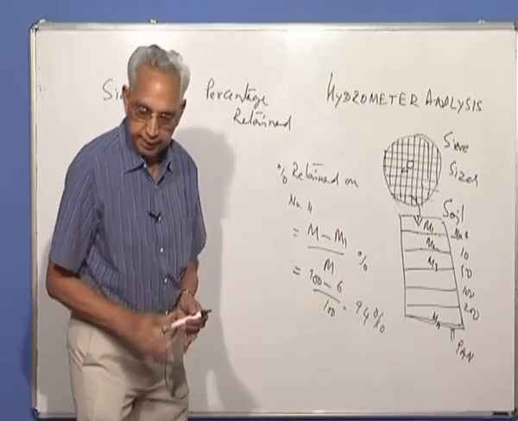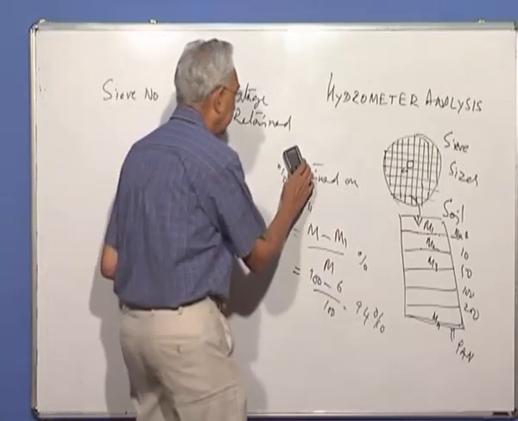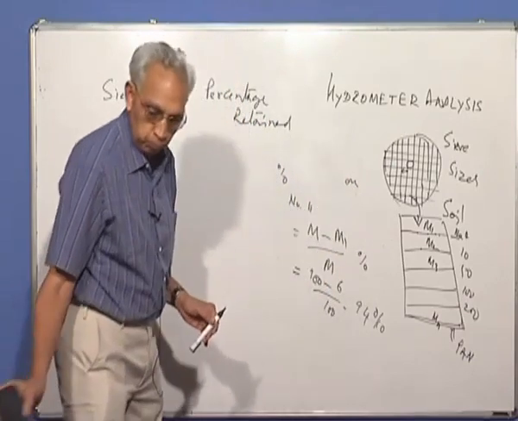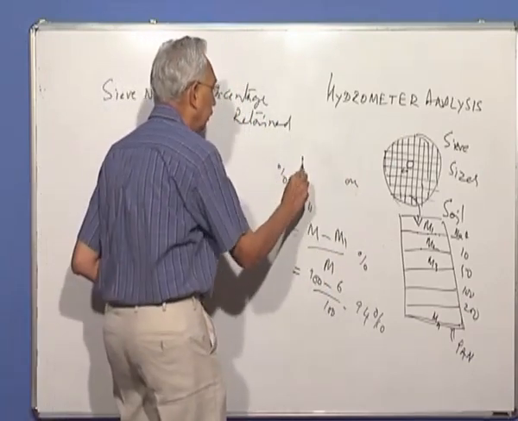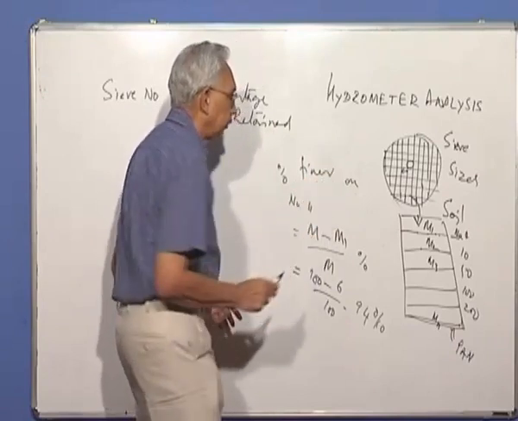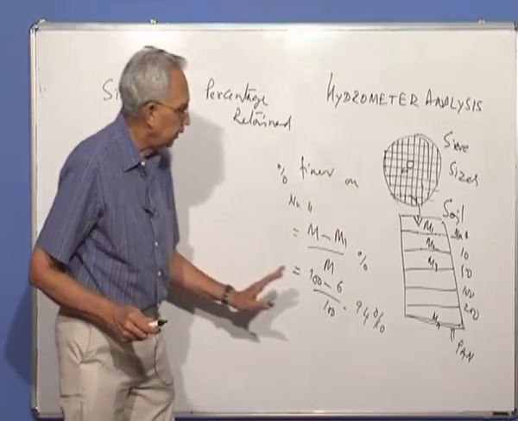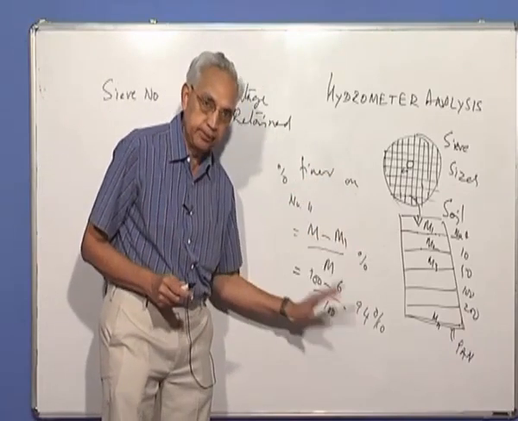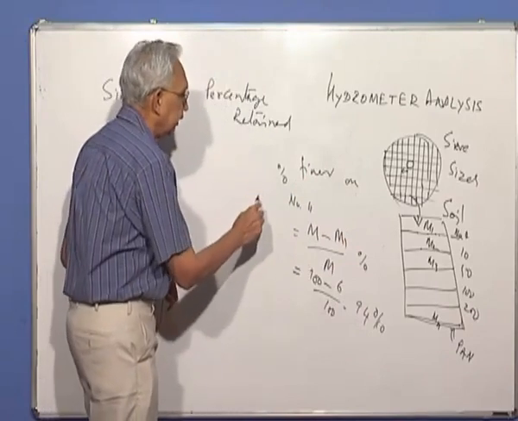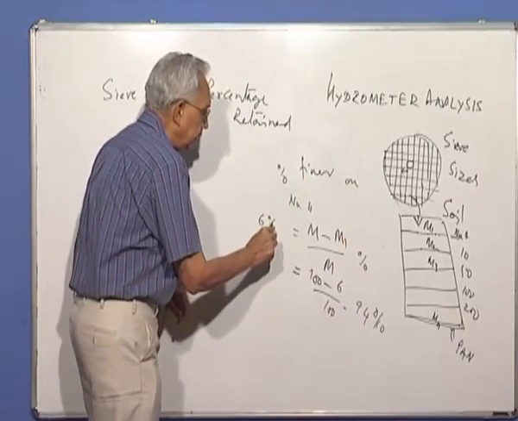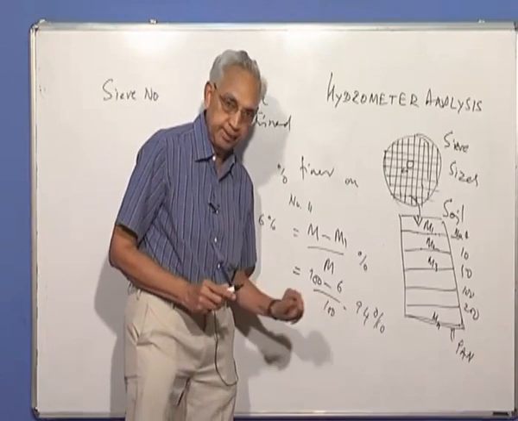So that is percentage, I'm sorry, I should say percentage finer. So I can say 94% passes through that. That means 6% is retained and 94% passes.